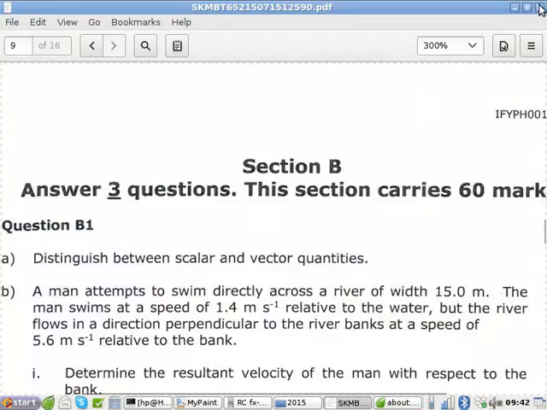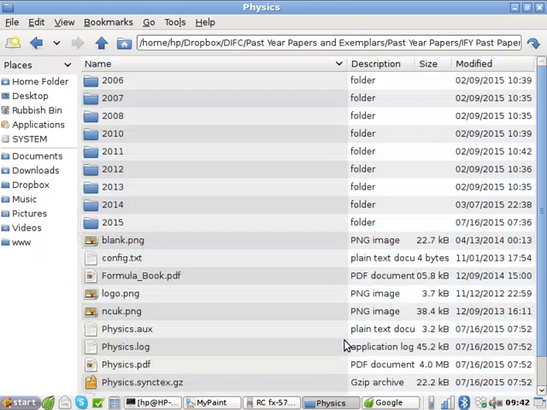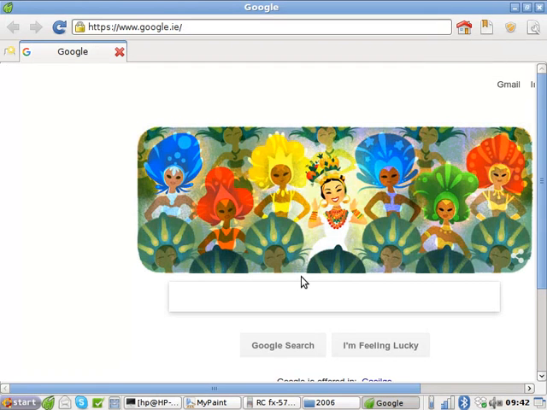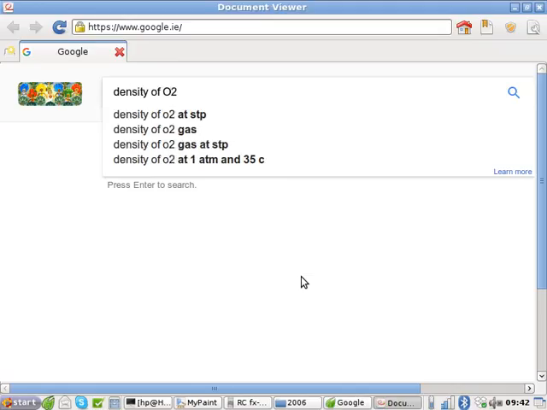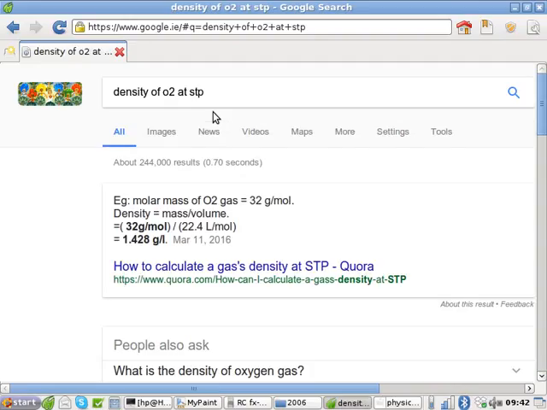Yes, I do have that, but I need to think about which year it was. I think it was a while ago. Let me just have a quick look here. And let me just check the density of oxygen at standard temperature and pressure. 1.428? Yeah, that's awesome, good.